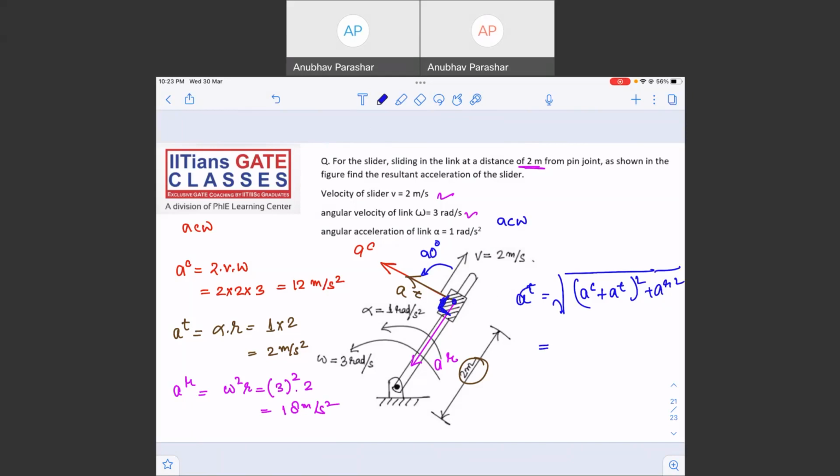So the total acceleration A is equal to root over (12 plus 2) whole square plus 18 whole square. So what is the answer? Let us check. 12 plus 2 is 14, whole square plus 18 whole square is equal to 520. Root over is 22.8. What is the total acceleration of this member? It is equal to 22.8 meter per second square.